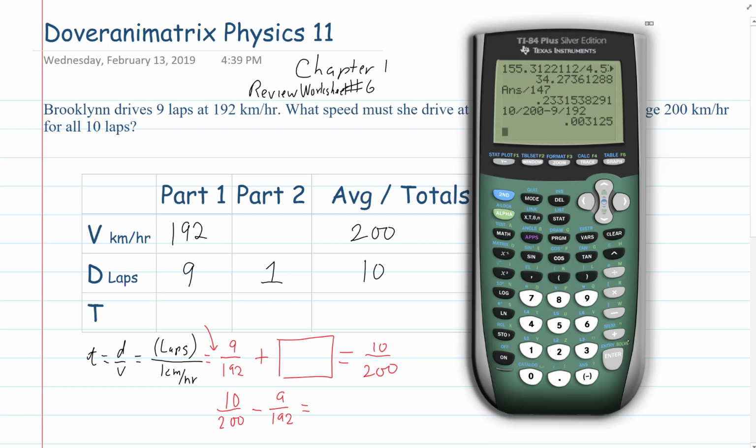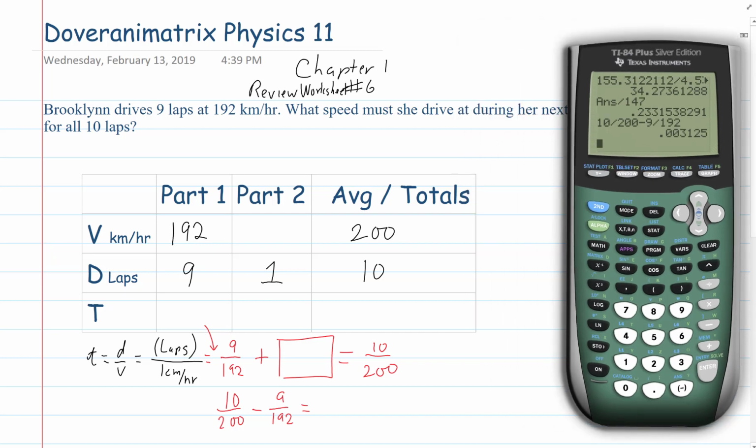And then the answer that we're trying to get is the velocity in this box. That velocity is calculated by distance over time. The distance is 1 lap, and this time is going to be 0.003125.